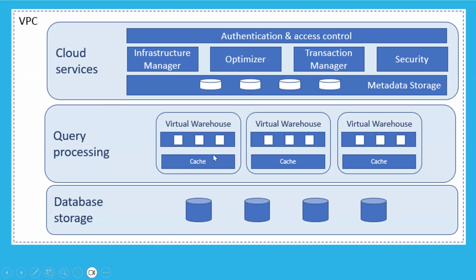If the results are not available in the cache memory, then the request will go to the database storage layer, where the actual data is available. From this database storage layer, the data will be returned to the cloud service layer, and then to the end user. So like that, it takes care of managing your multiple warehouses.